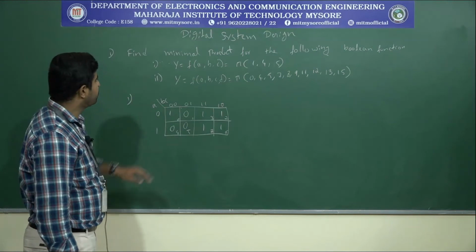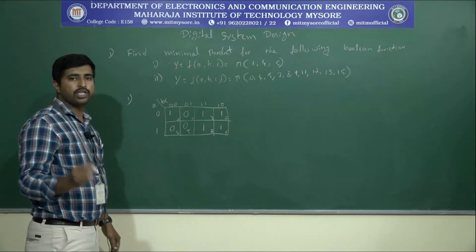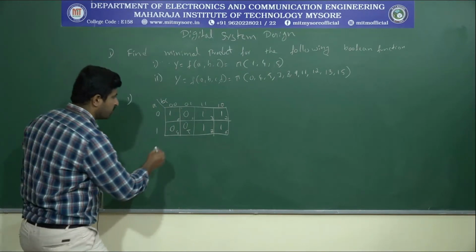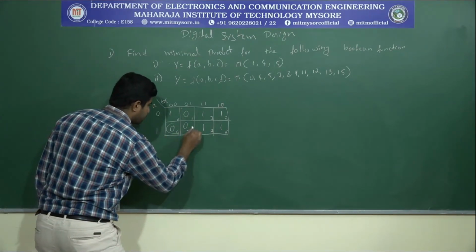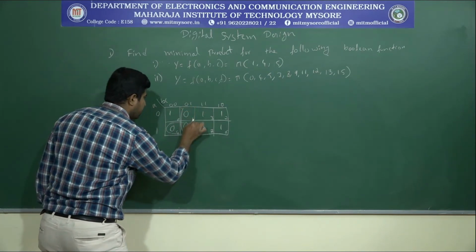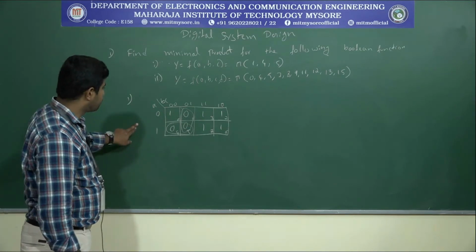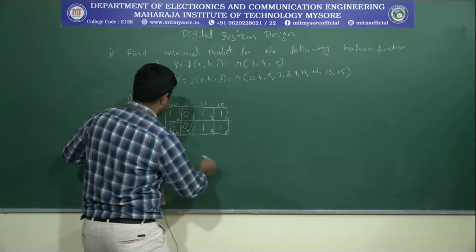Now we need to write the minimal product expression, so we need to group the logic 0s. The groups will be 4 and 5 as one group, and 1 and 5 as another group.